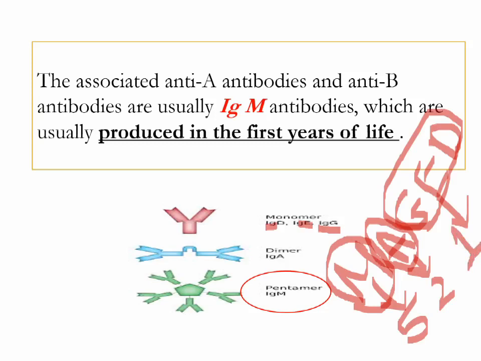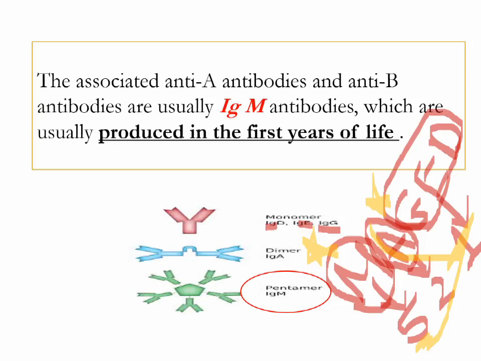What we're going to focus on is the IgM and the IgG, which is the pentamer and the monomer. An example of the IgM antibody is the antibody A and the antibody B. So the antibody A and the antibody B are of the IgM type, which is a pentamer antibody.